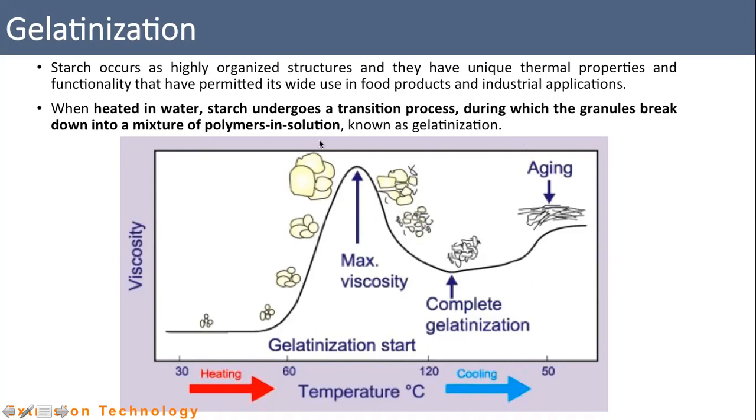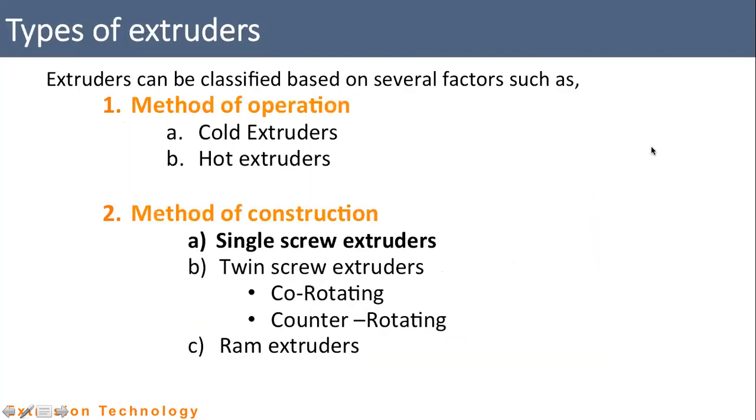So the viscosity increase is there. So gelatinization commonly happens inside the extruders. As I told you earlier, there are different types of extruders, and extruders can be classified.